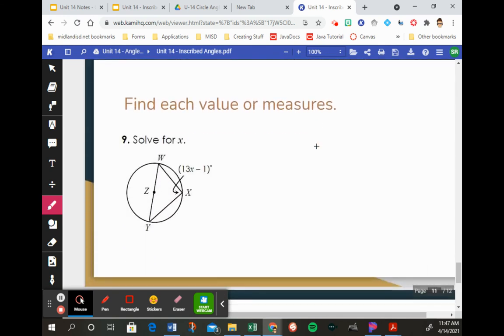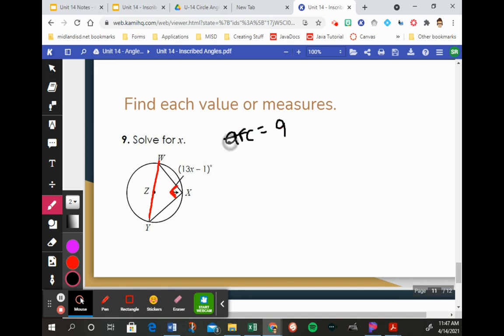What about this one? Solve for x. Well, we know that this angle is a right angle because this is a diameter. So the arc equals 90 degrees.